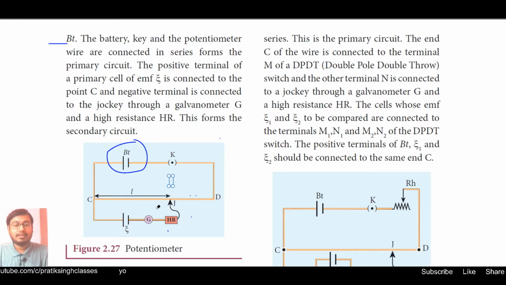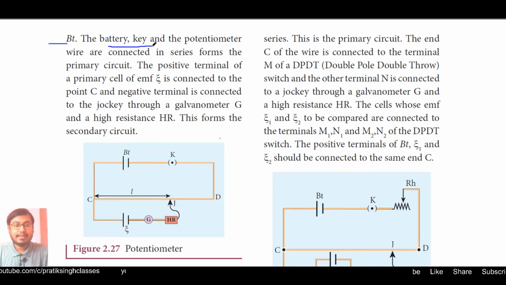The pointer of the galvanometer comes to the zero position. So we have to find at what length of the wire between C and D the galvanometer shows zero deflection.